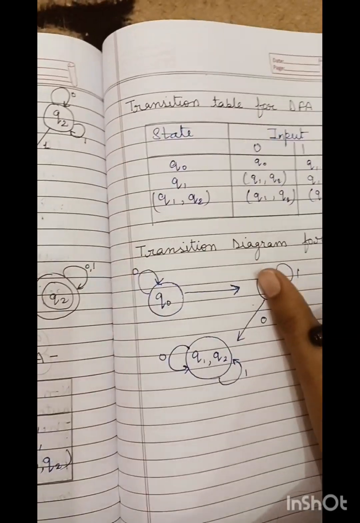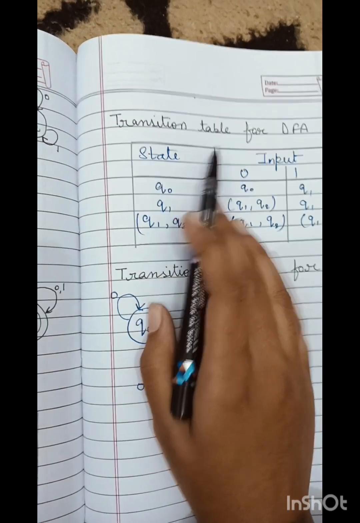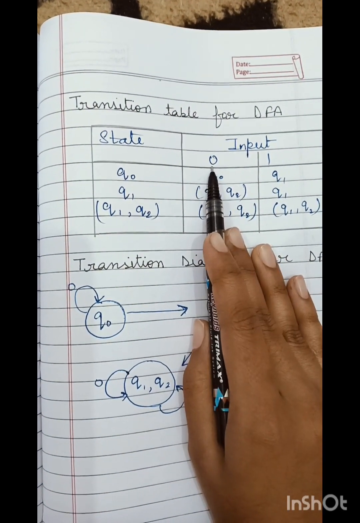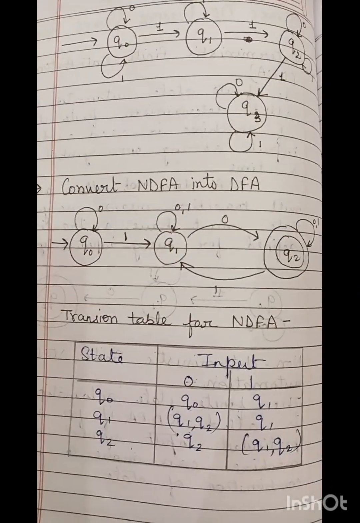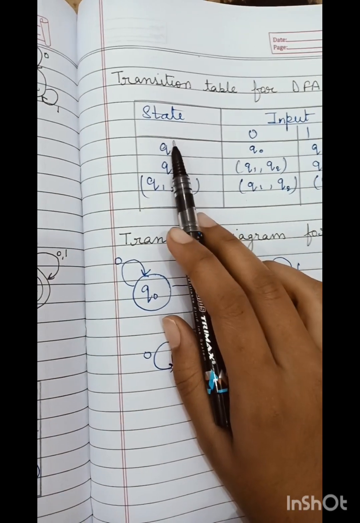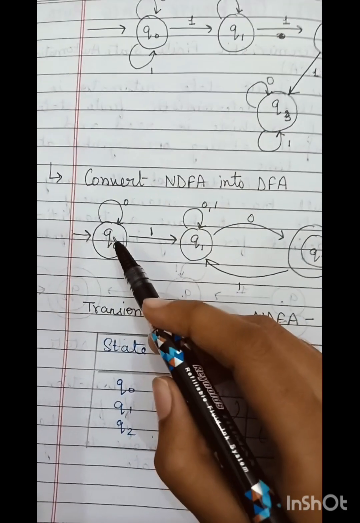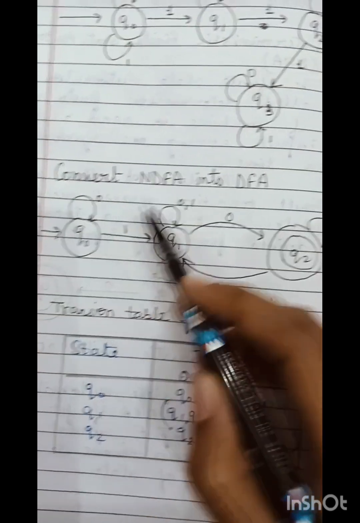Okay, now we will see the transition table for the DFA. For the DFA, again we will write the state and the input, which will be 0 or 1. Now we will calculate for Q0, Q1 and Q1,Q2. First, for Q0 with input 0, we get Q0, so we write Q0 in the table.